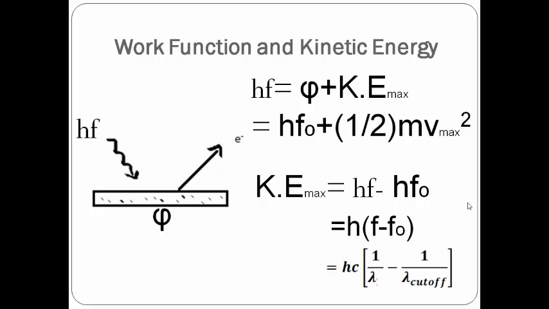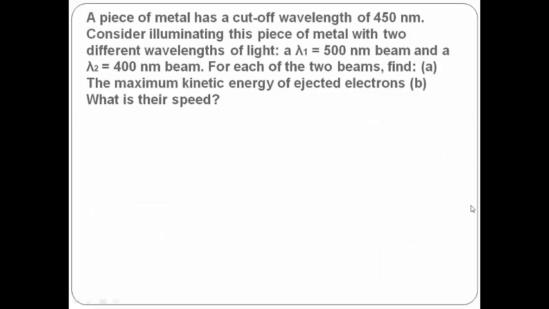Let us solve a problem using these equations. A piece of metal has a cutoff wavelength of 450 nanometer. Consider illuminating this piece of metal with two different wavelengths of light, lambda 1 of 500 nanometer and lambda 2 of 400 nanometer. For each of the two beams, find the maximum kinetic energy of the ejected electrons and their speed.